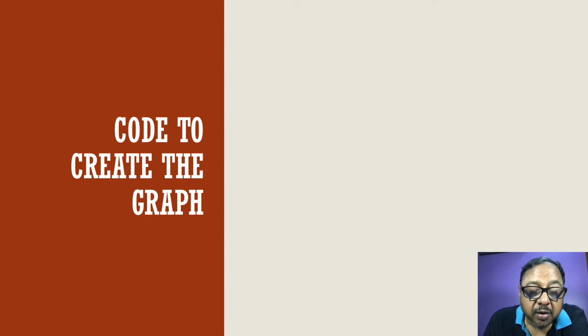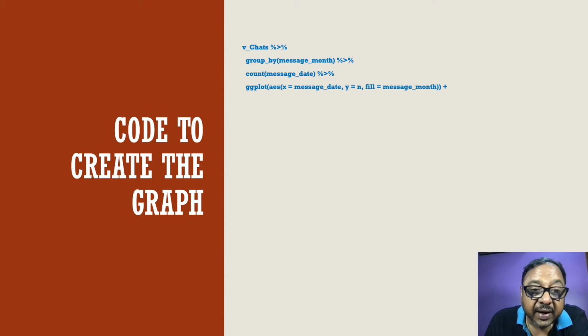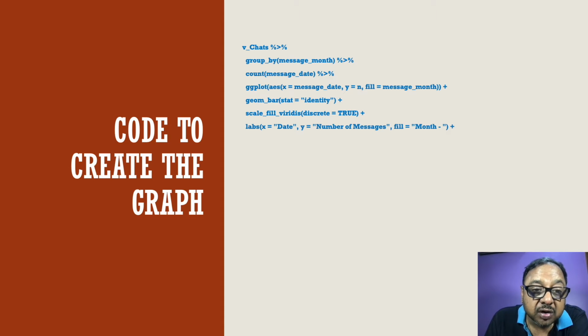Now let's study the code that we will require to generate the graph that we just discussed. We will go through each line of the code and try to see whether we can understand it or not. We start with all our data in the data frame called v_chat.